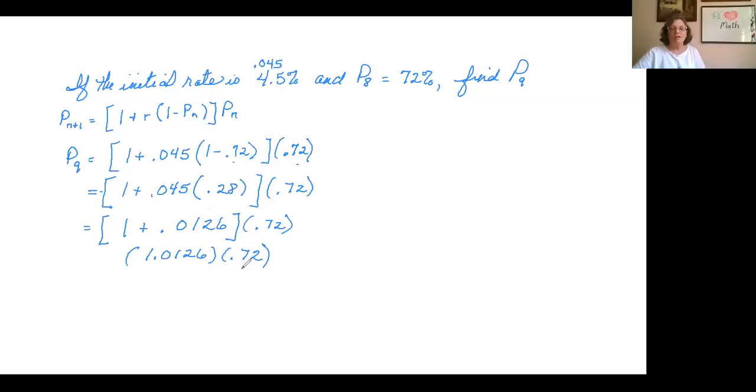So basically, at the end of the next year, it's going to be at slightly over 101.25% of, or it will have increased by another close to 1.25% of the 72. So multiply 1.0126 times 0.72.